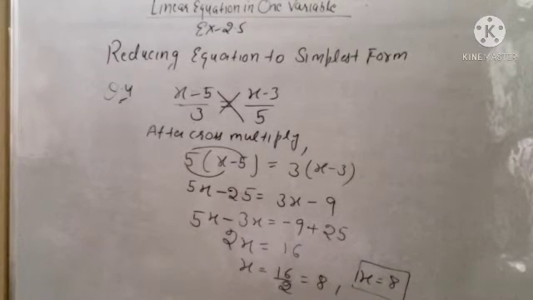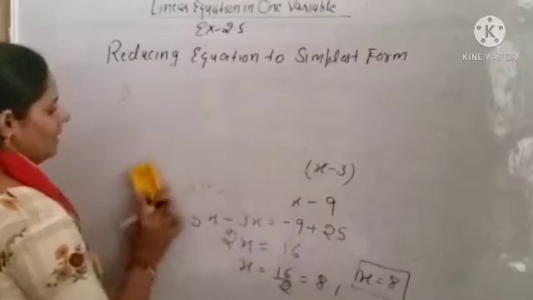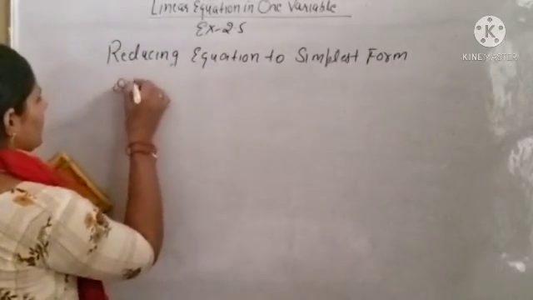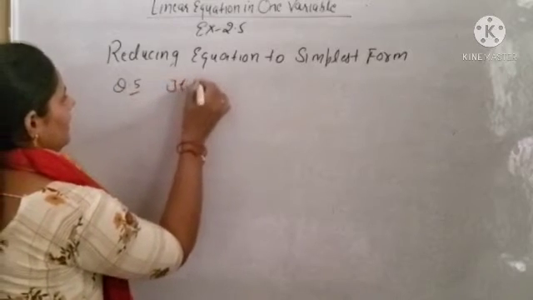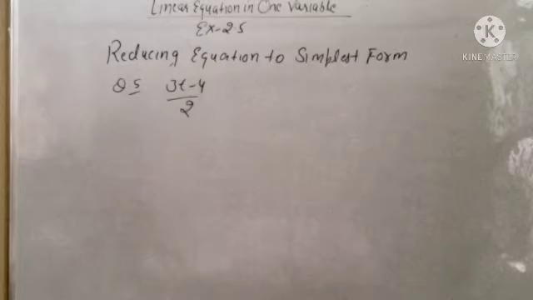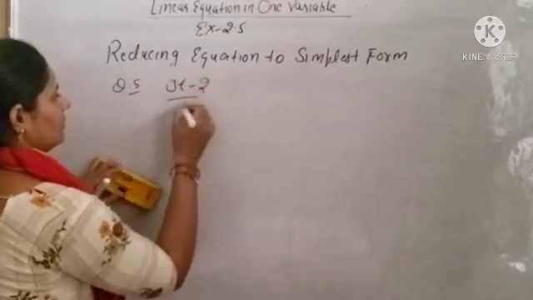Now, next question, question number 5. (3t minus 4)/2. Sorry, (3t minus 2)/4. (3t minus 2)/4.